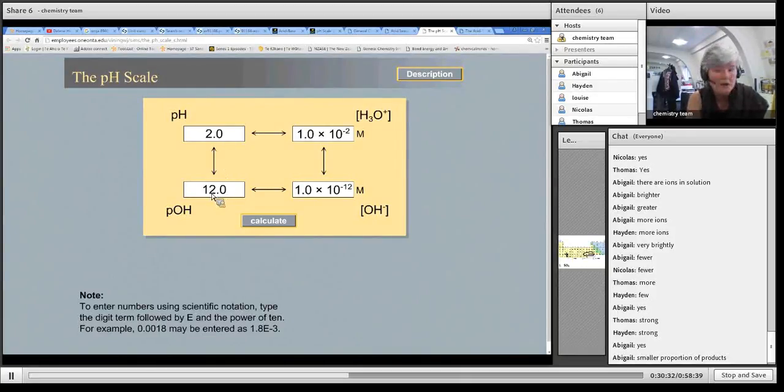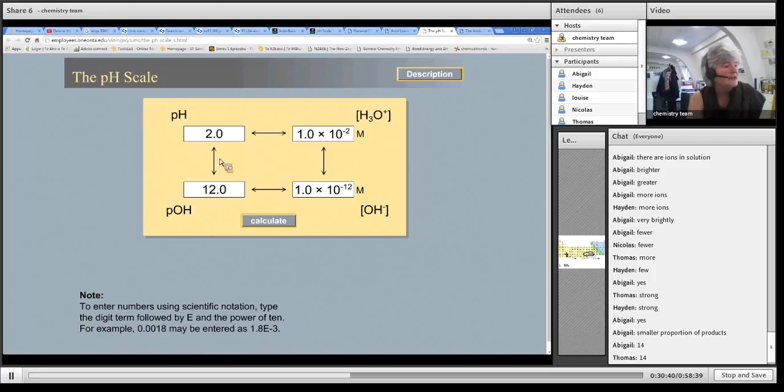2 and 12 add up to 14. Okay, if I have this as being 5 and I calculate, 5 and 9 add up to 14. And you can put in anything, you can put 3.52 and you calculate.